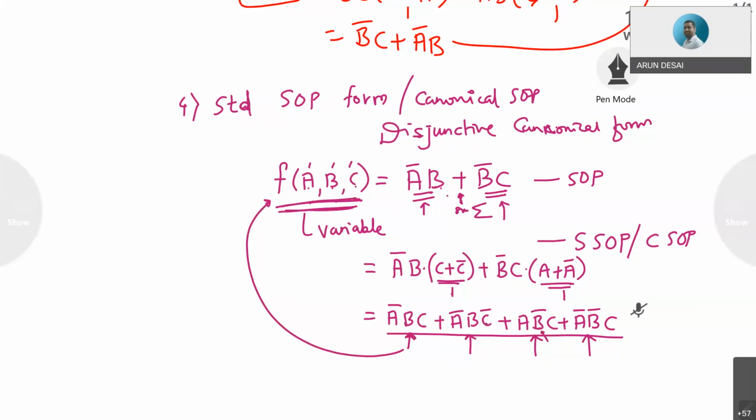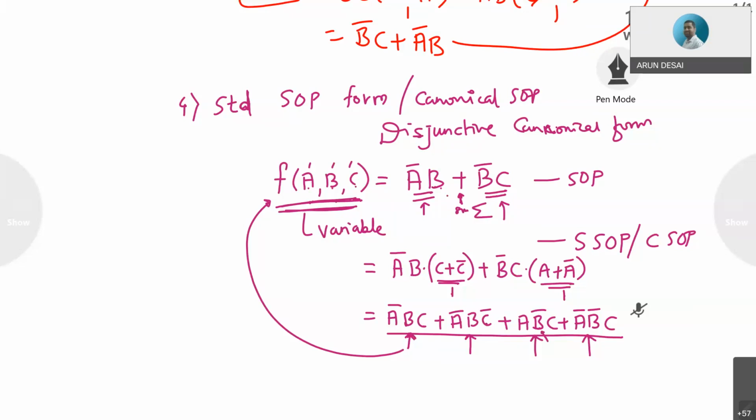So either in complement or in uncomplement form, the term should be there, right? Whatever variables are present in the function, all those variables should be there in that product term. If this is the case, then that expression is called as standard SOP.